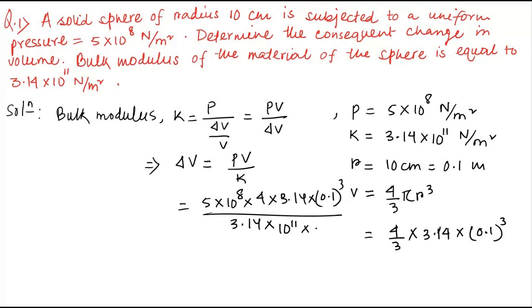So 3.14 and 3.14 will cancel out with each other, and after calculating this, the value would be 6.67 into 10 to the power minus 6 meter cube. So this is our answer. The consequent change in volume is 6.67 into 10 to the power minus 6 meter cube.